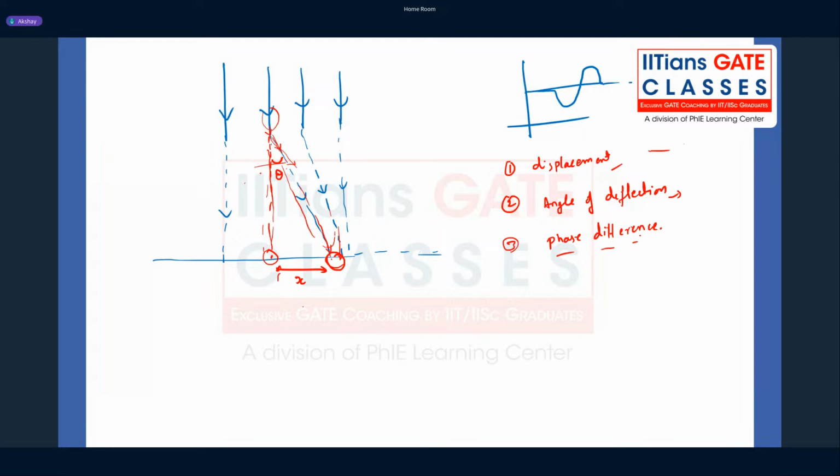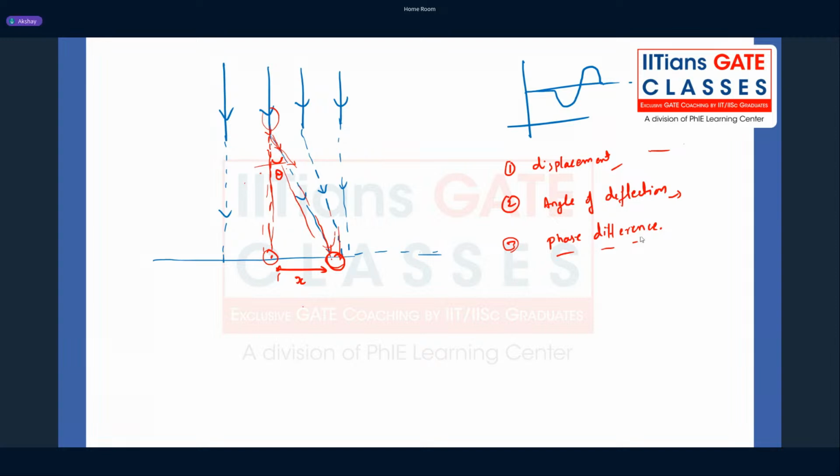Black and white strips of light. You must have done Young's experiment or something for the diffraction, to study the diffraction of light. Yeah. So that phase difference is coming out of that idea, the diffraction.